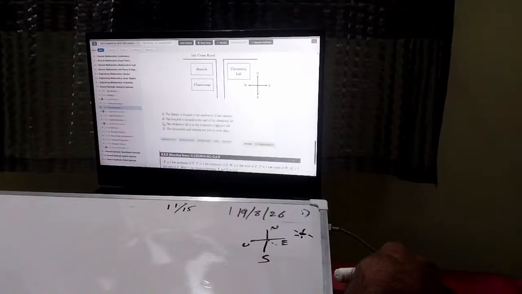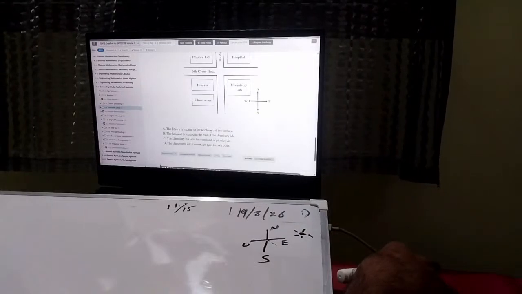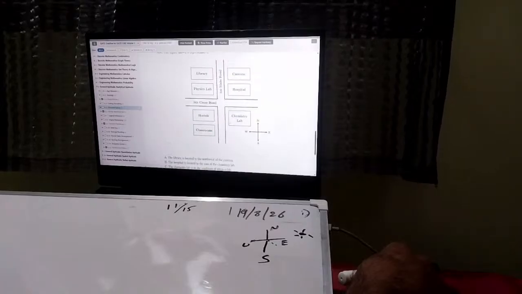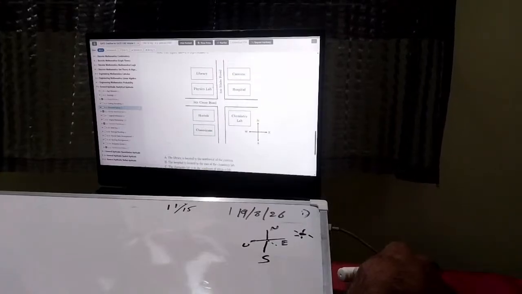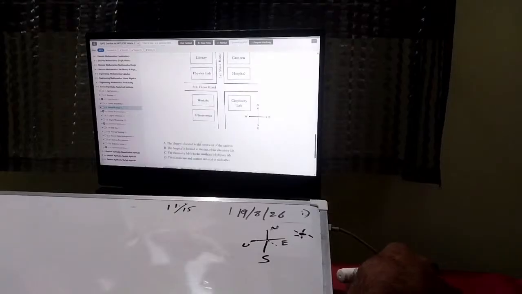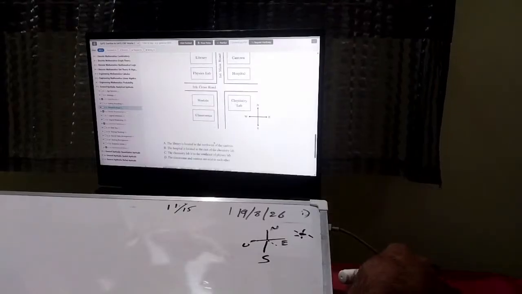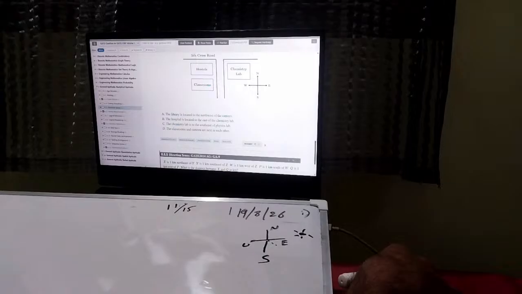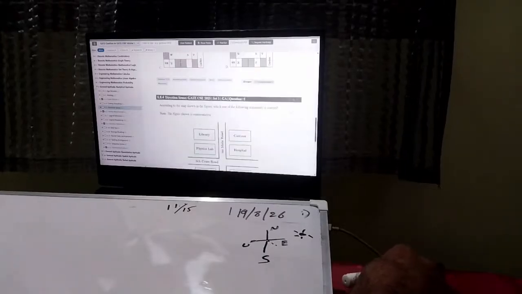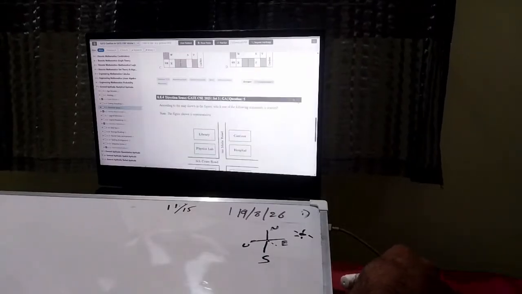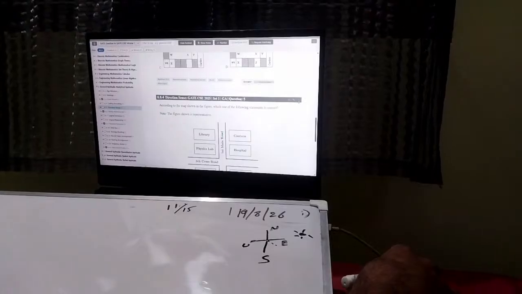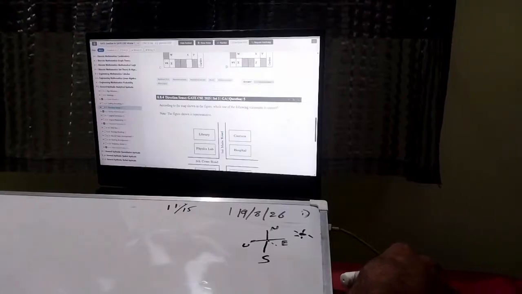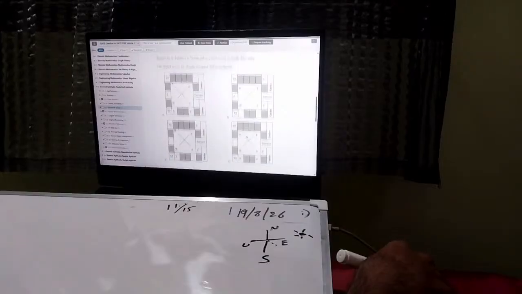I think C will be the answer. The classroom and canteen are next to each other. No, the hospital is located to the east of. Option C will be the answer. I got it correct. Mark is done. And this question.